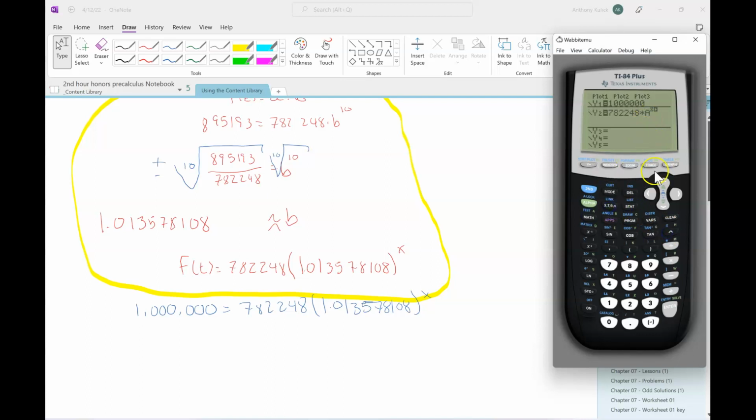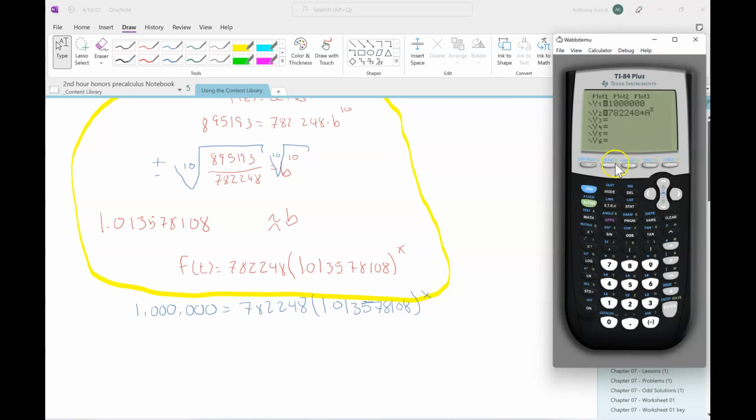And remember, I stored that number 101 in as A, so I didn't have to bother typing it back in. If you did type it back in, that's okay. Keep in mind, though, that when I stored it as the letter A, I'm storing all the decimal places in the calculator's memory, not just the ones that are displayed. So I'm going to get a little bit more accurate answer than if you just typed in everything you could see. Everybody's okay still, though?